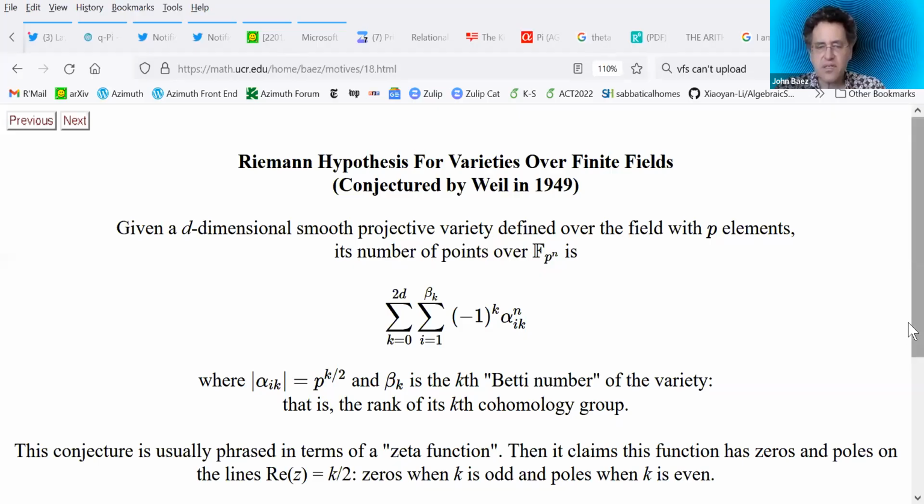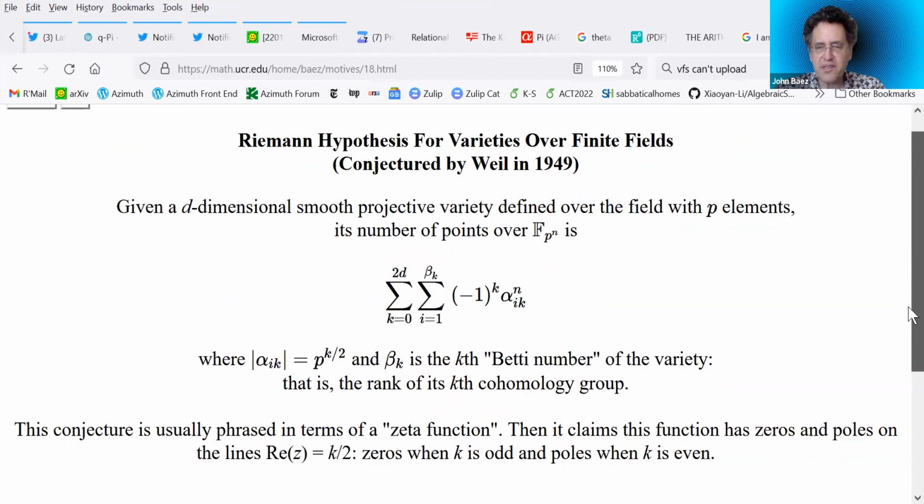So the way I like to think about it these days is not so much in terms of the zeta function as in terms of just counting the number of points on the variety.